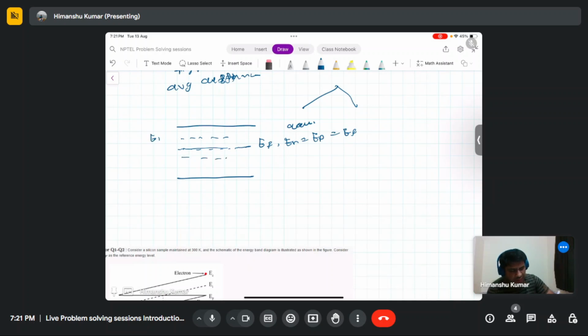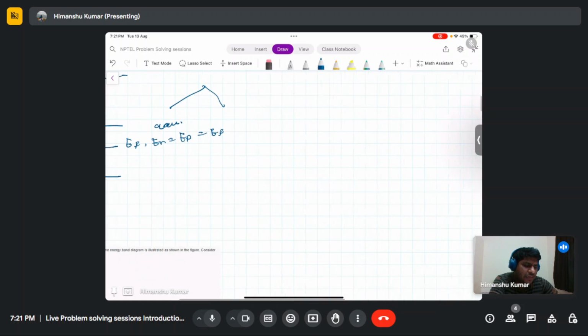Those are known as the quasi Fermi levels, and you can go through the lecture slides for more discussion. Some process related discussion was also there in the class.